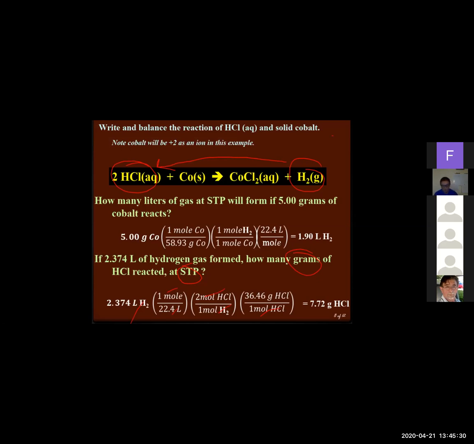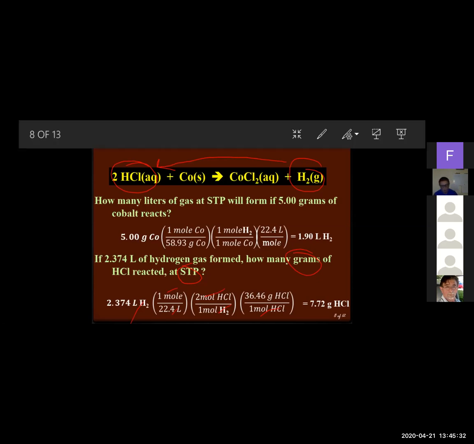And notice something here. That digit has 3 sig figs. We started off with 4 sig figs. So why do we have 3 sig figs? Because remember I said that molar masses we don't worry about there.